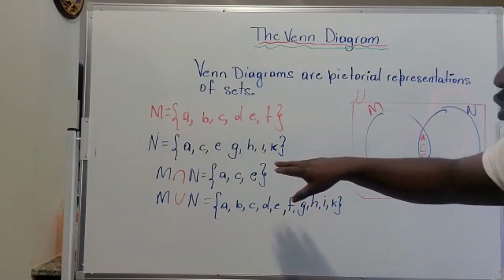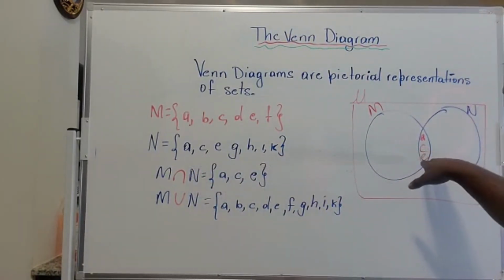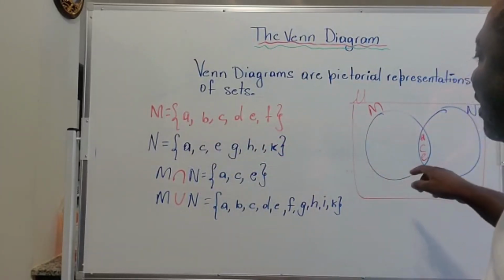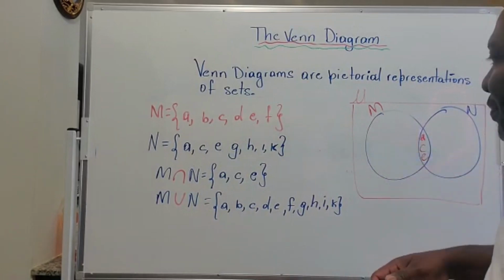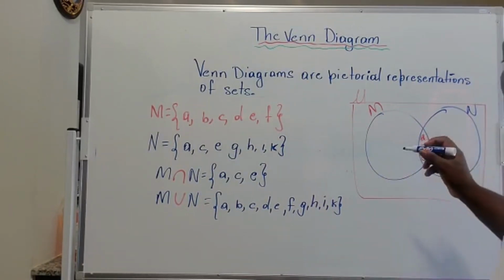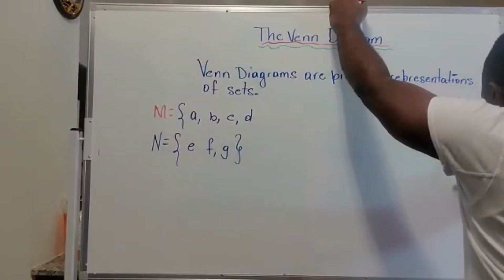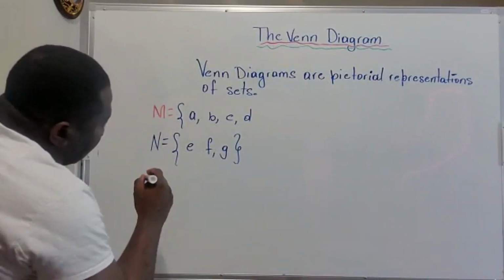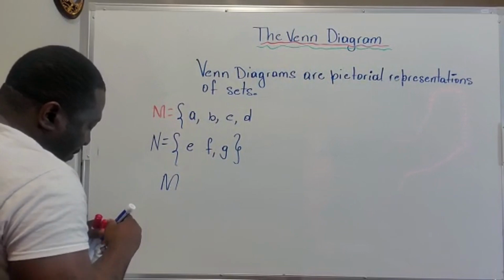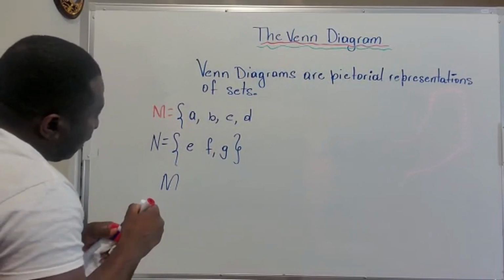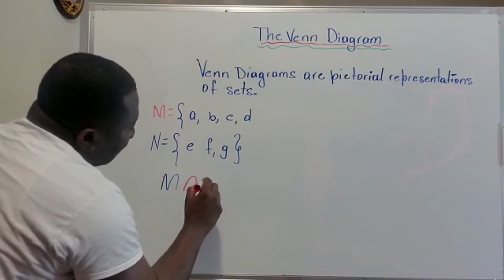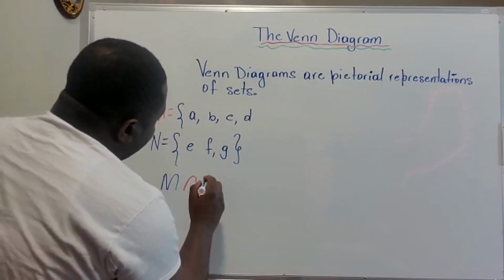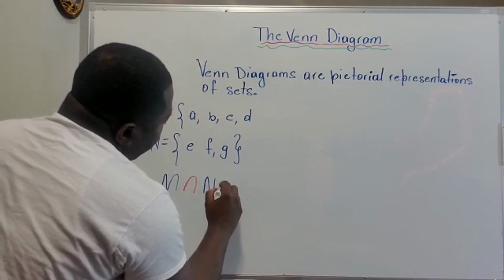Again, I'm going to look at what other elements in M are not yet represented on our diagram. And these would be, if you were being asked, what is the intersection of M intersecting N?